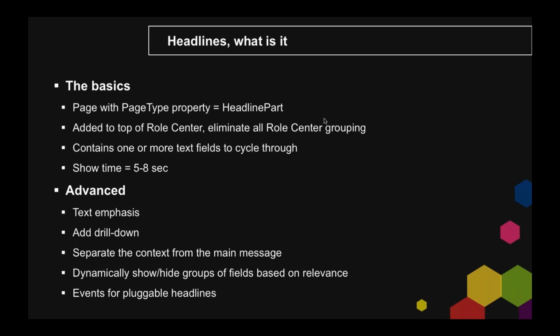There can be from 2 to 10 different headlines. Not limited, but you should follow this rule. And every headline shows for about 5 to 8 seconds. Then it changes to another headline, and then it starts in a loop. We can drill down there. We will see it in the next minutes.